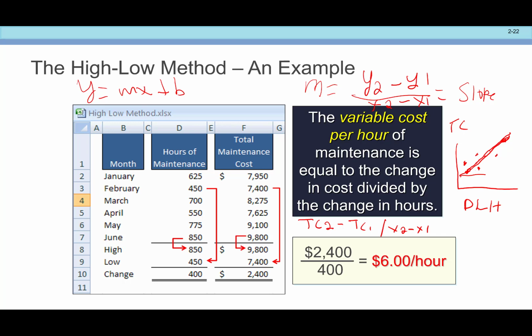We look at this chart and we pick the high month and we pick the low month. So we see that the month of June had the high cost, the high number of direct labor hours. And it looks like February was our slow month, with our low number of hours and our low cost.